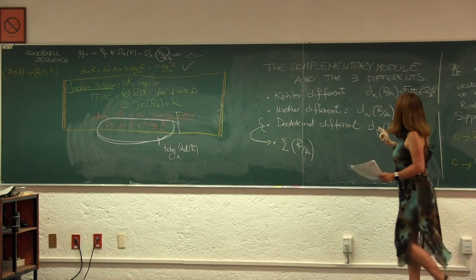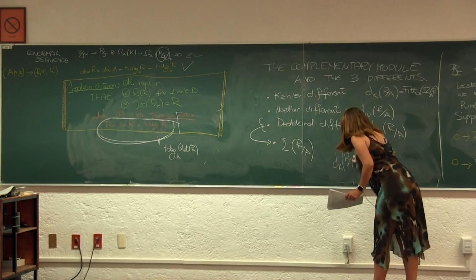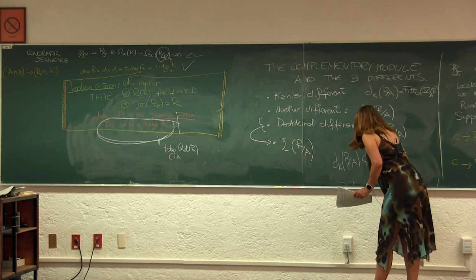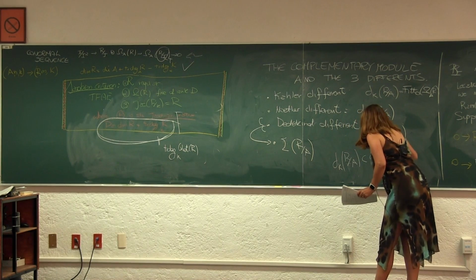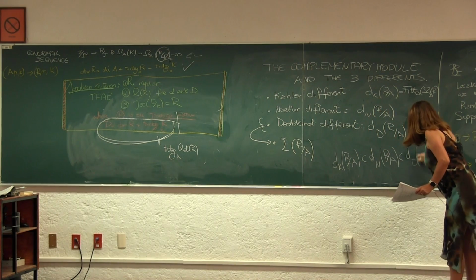And what we prove, the main theorem, is that D_K is contained in D_N, which in turn is contained in the Dedekind different.